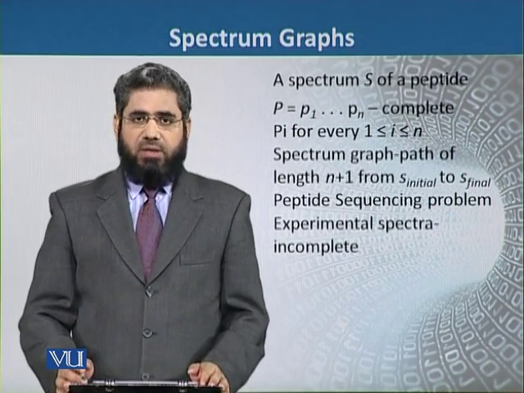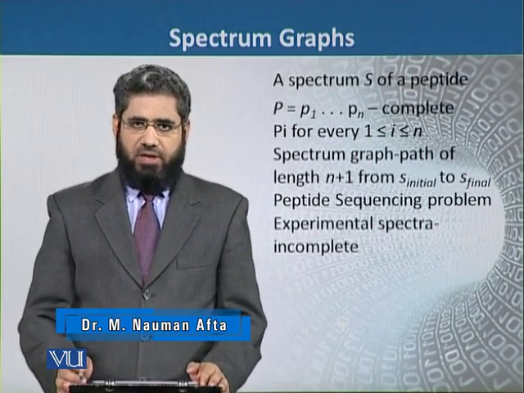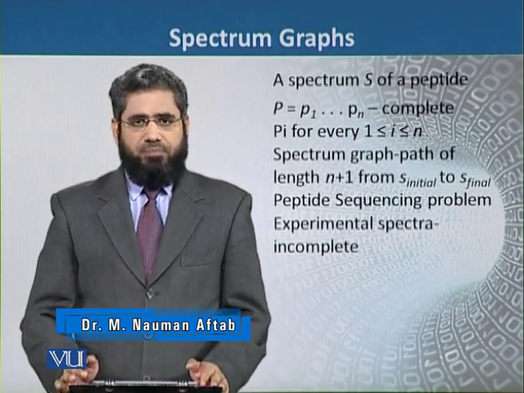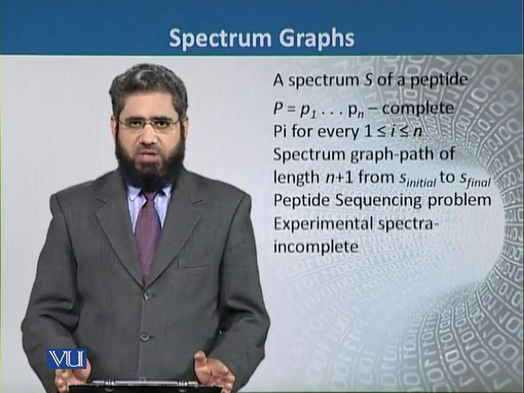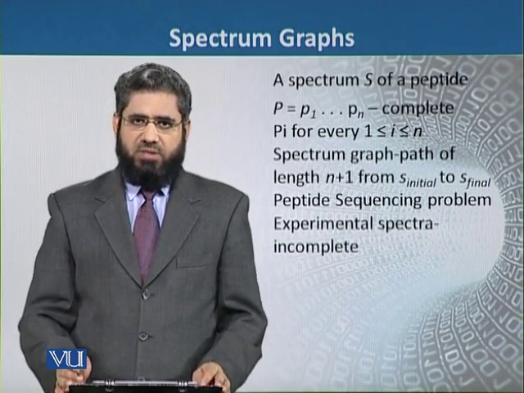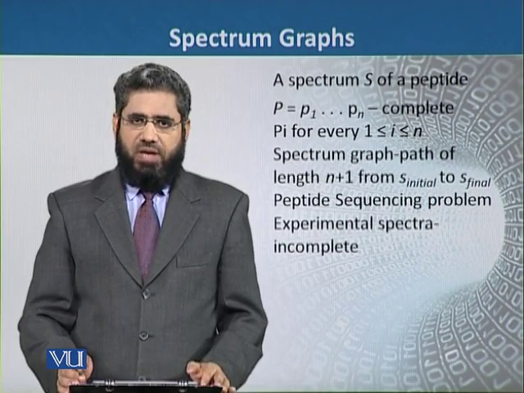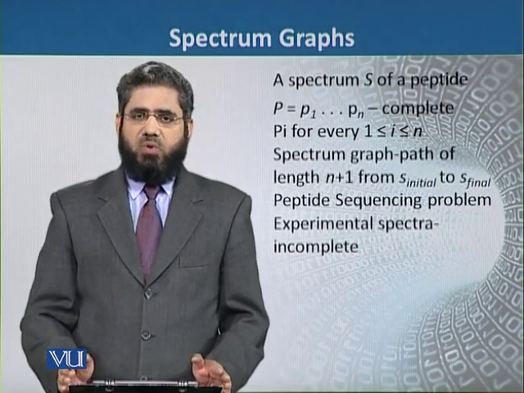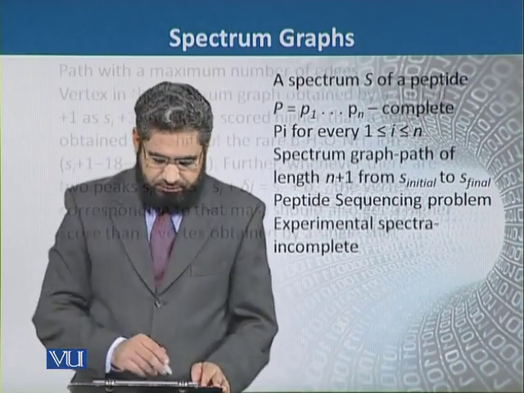We also know that most of the spectra are incomplete, and if they are incomplete, they generate many paths that have sizes larger than most of the smaller sizes. And these larger paths are used to find the best one, and it removes the ambiguity between those large paths that are present in those spectra.